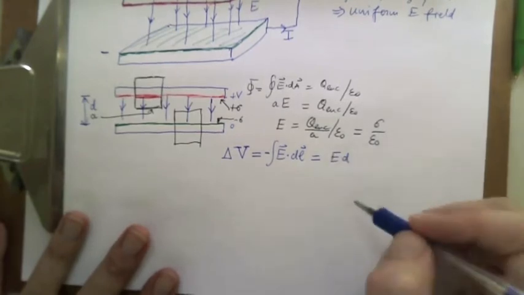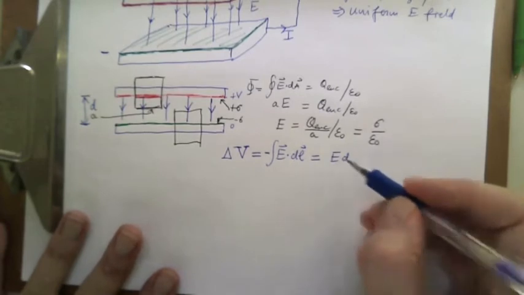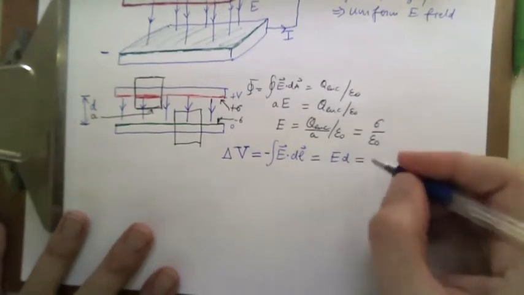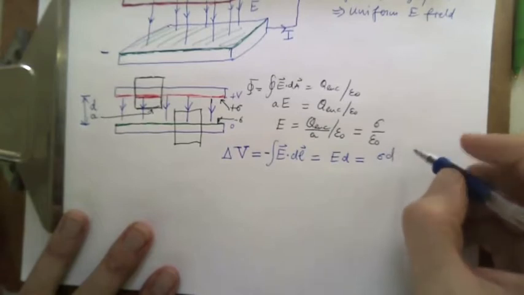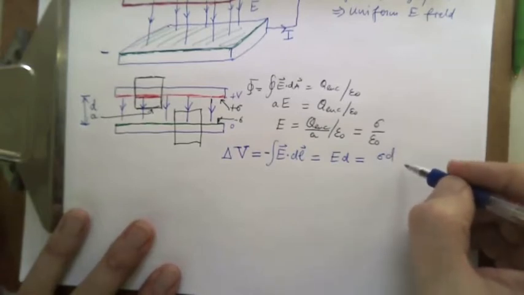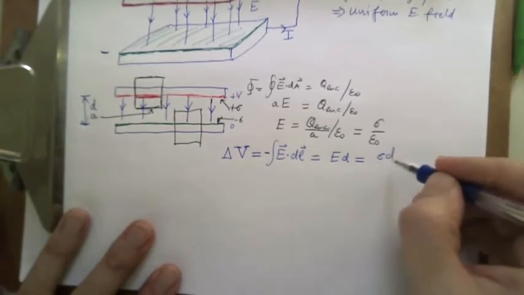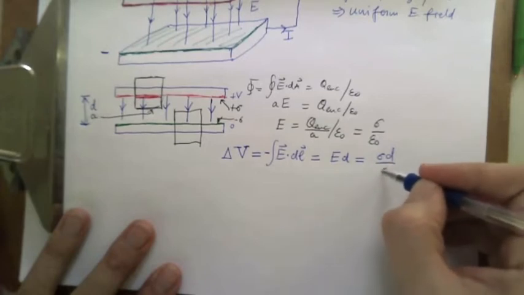Now E times D, using this E, we can write as sigma D over epsilon naught.